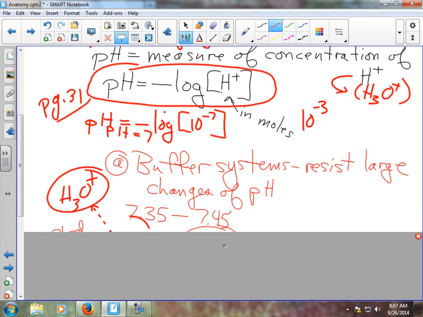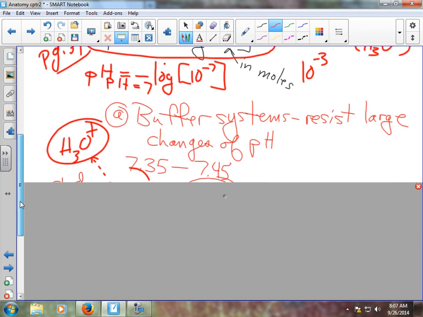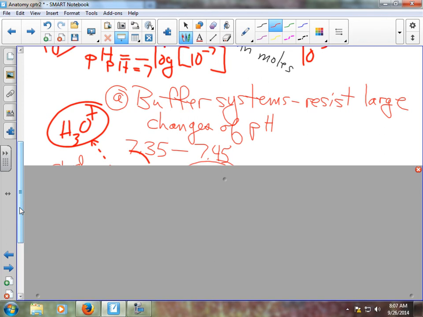Well, how does this apply really to biology and anatomy? It has really all to do with these. These are really cool, and this is what your worksheet was kind of all about, especially toward the back. If you didn't get to the back yet, this is what it's going to talk about. Buffer systems. When you talk about buffers, that's what the lab's going to be all about.